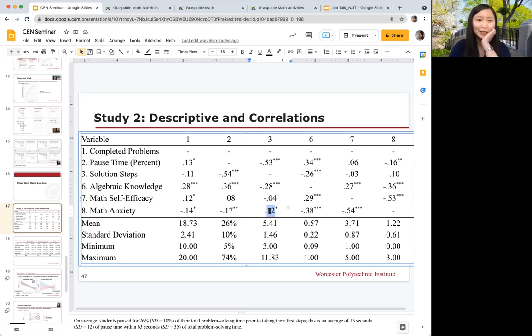The more steps they use, and the less efficient strategy suggested. Okay, and their algebraic knowledge is poorer. Is that right? I just want to make sure. Math anxiety and algebraic knowledge are negatively correlated. So as we would expect, higher math anxiety, lower math knowledge.